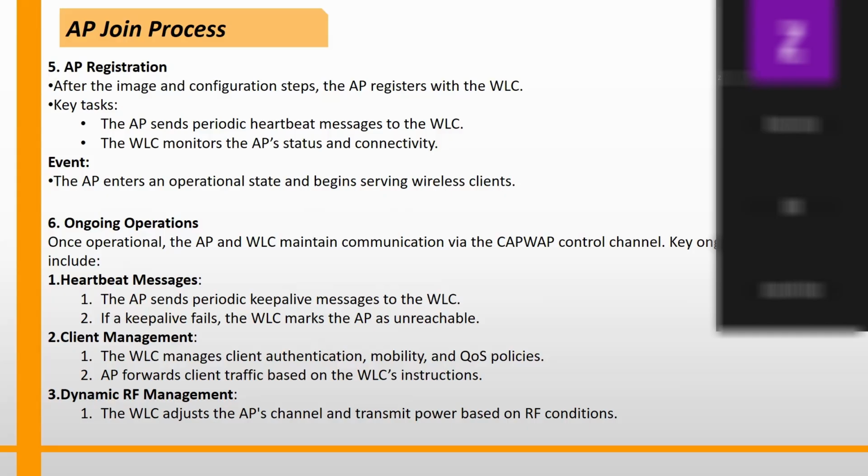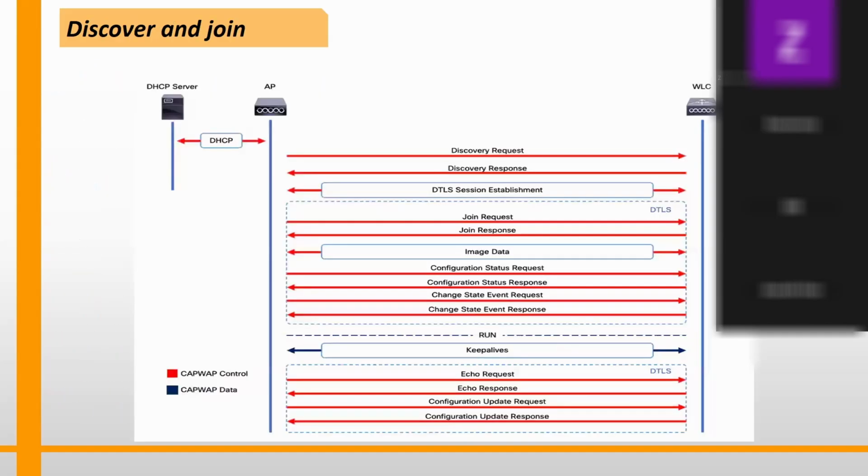Heartbeat messages will be exchanged periodically, and if a keepalive fails, the WLC marks the AP as unreachable. Then it will do the client management, like the client's authentication, mobility, QoS policy, and all things will be maintained. So this is the flow that we witnessed in yesterday's session.